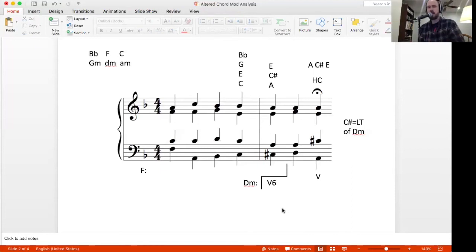Now, what did we say about labeling this in the old key? We said that the front side of the slash is the same as how we label it in the new key. So we know that this is 5/6 of something, right? Because the front side of the slash is the same as how we label this in the new key.